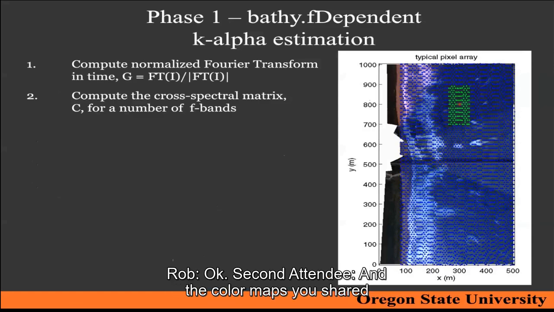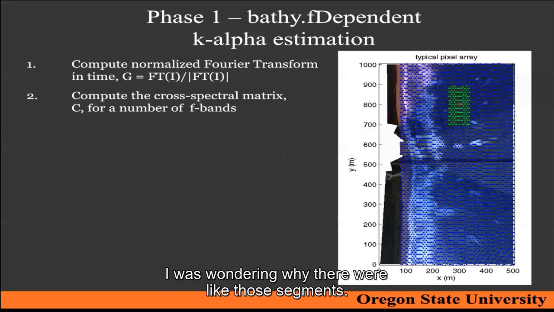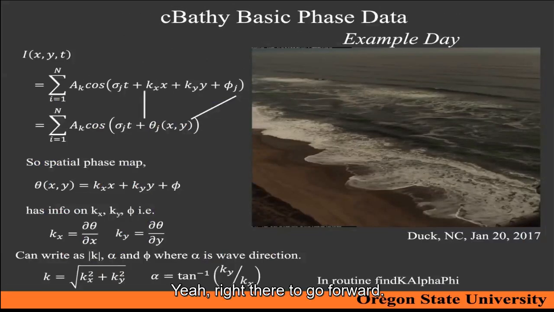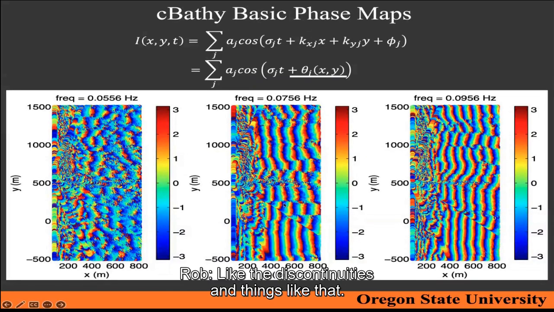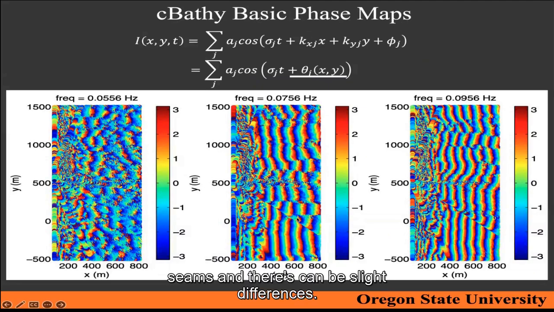In the color map you showed different troughs and peaks there. It looked like the plot was sliced. I was wondering why there were those segments. Yeah, right there. Like the discontinuities. So there's two things that enter. Some of them are camera seams, and there can be slight differences.